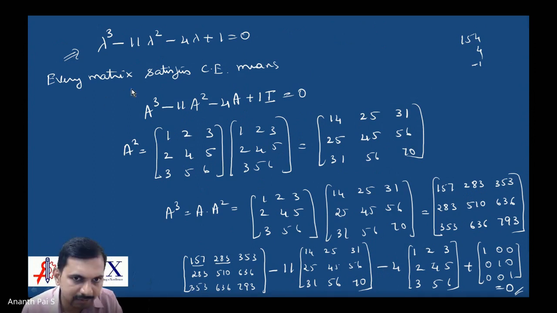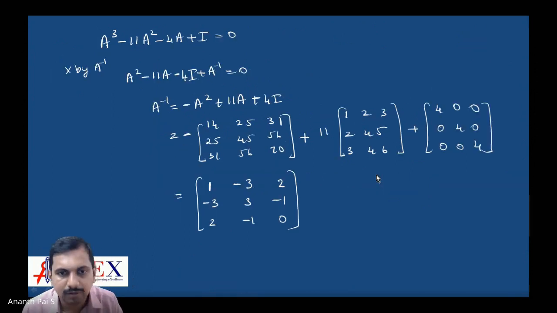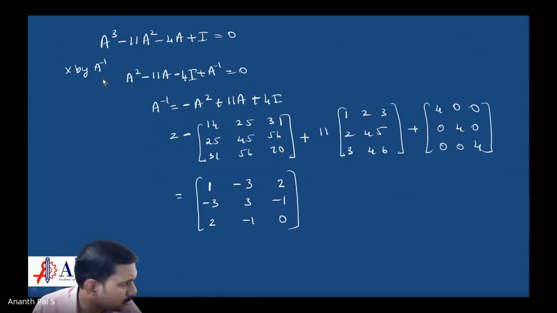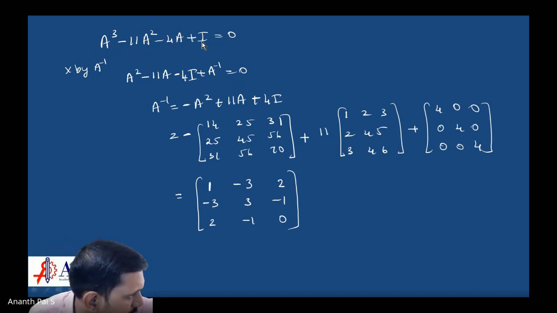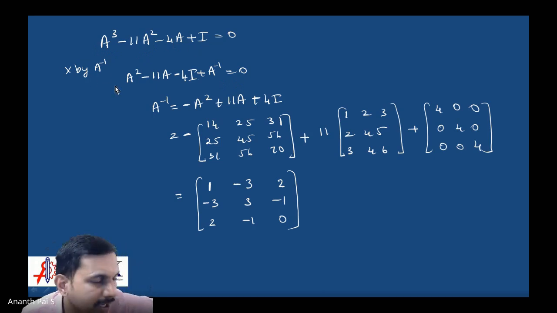I've repeated: every square matrix satisfies its characteristic equation, which is this. Now observe, you have to multiply by A inverse once. So A cube minus 11A square minus 4A minus I is equal to 0. This is the characteristic equation. Now multiply this whole thing by A inverse.